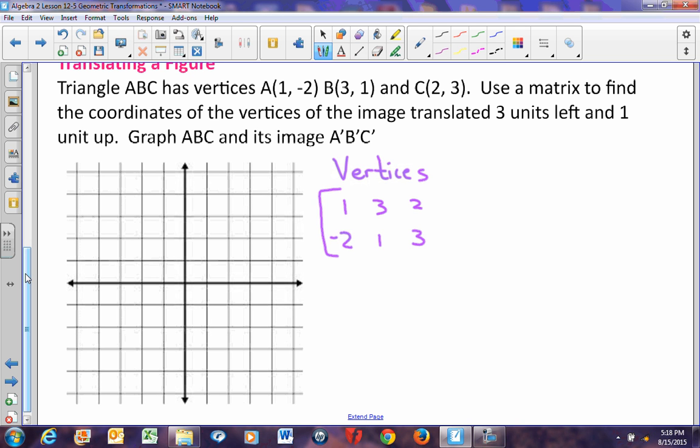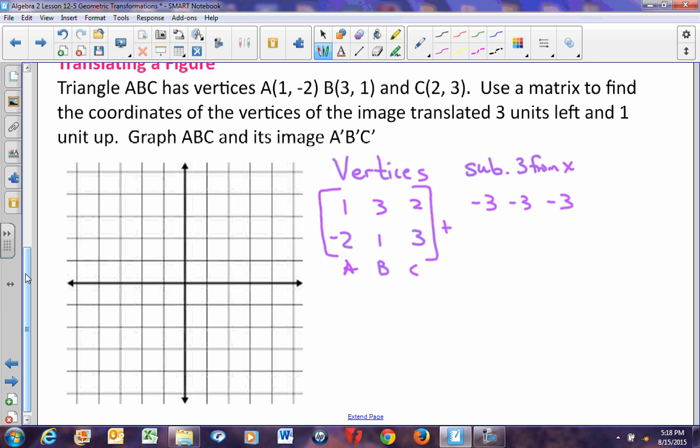And that's the points for A, B, and C. If you want to use A, B, and C, you put them above if you'd like. We're going to subtract 3 from x. So all my x values are going to have a subtraction of 3, so we'll add negative 3, negative 3, negative 3.